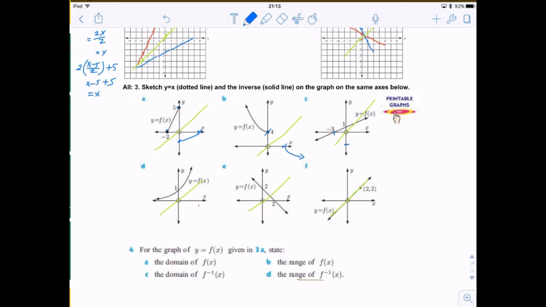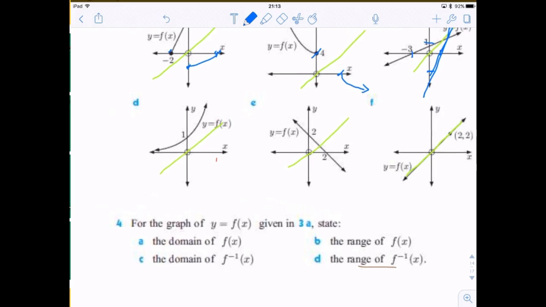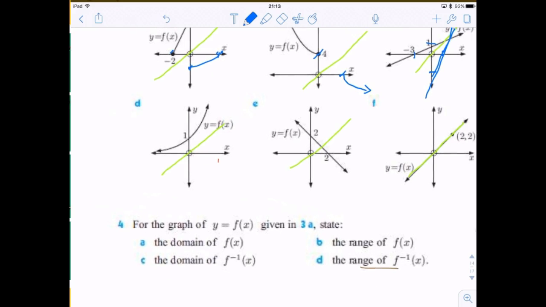And the point 0, 1, we're going to invert to 1, 0, which is kind of right there. Okay. And then D, we got this point here, which is 0, 1. We're going to invert that to 1, 0, and then the rest of it we just kind of sketch.